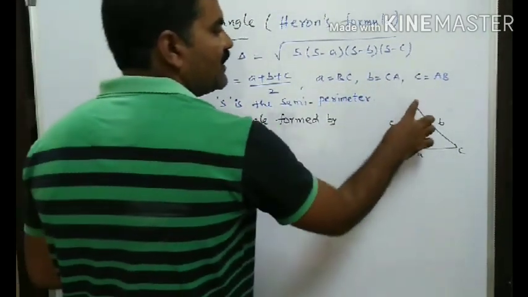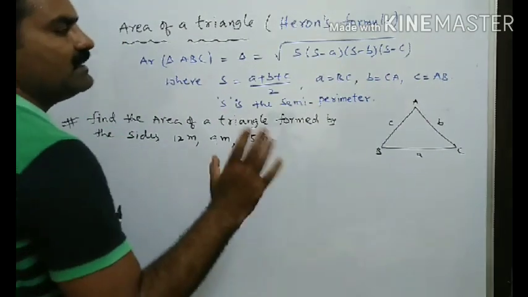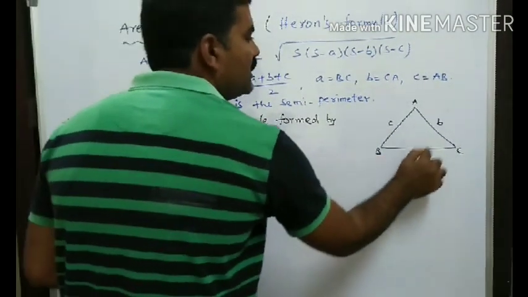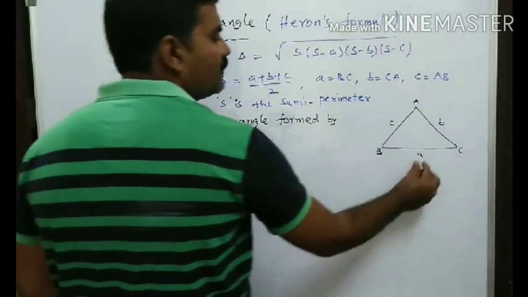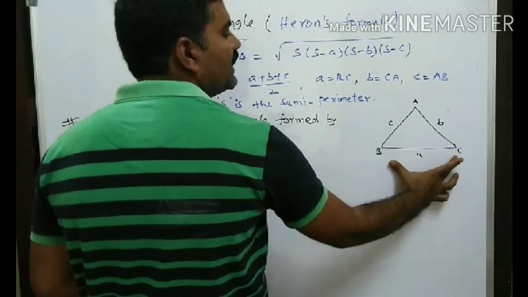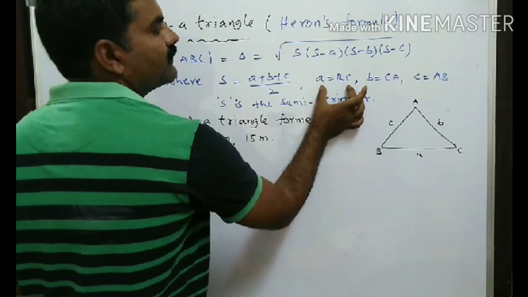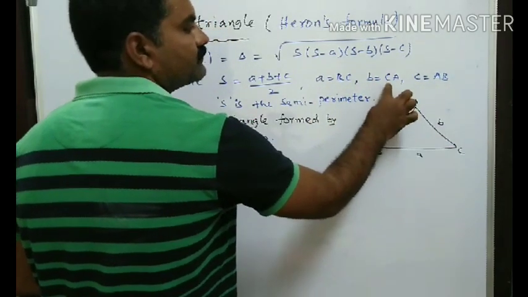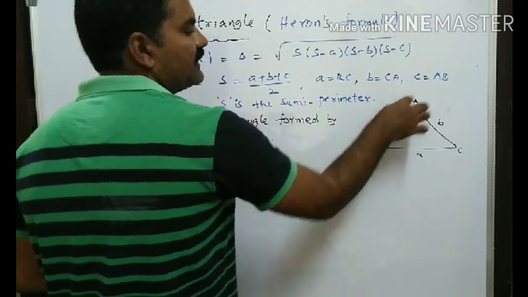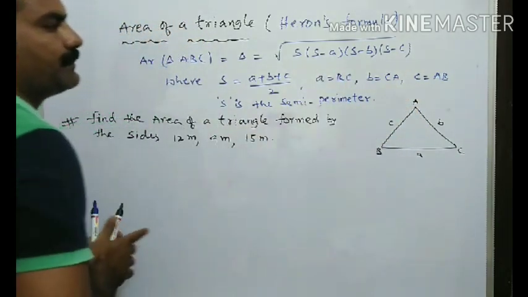I mean capital A, B, C are vertices, whereas small a, b, c are lengths of the sides. Small a is the length of the side BC, small b is the length of the side AC, and small c is the length of the side AB.